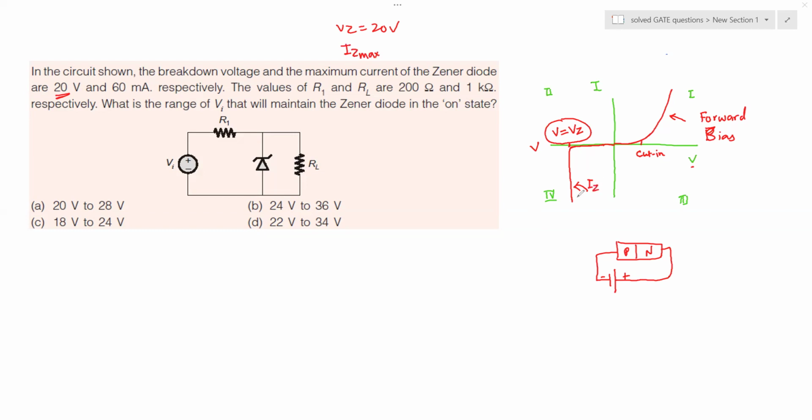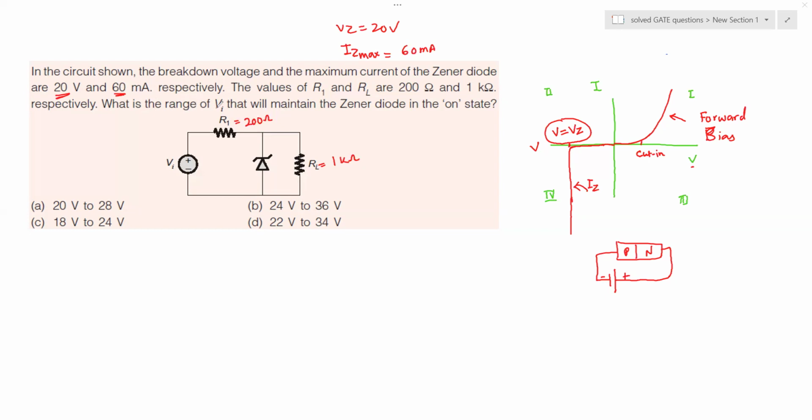This is actually IZ, but it cannot be infinitely high. There is some limit, and that limit is IZ max, which is given as 60 milliampere. Now, here is the 60 milliampere. The value of this resistance is 200 ohms. The value of this load resistance is 1 kilo ohm, or 1000 ohm.